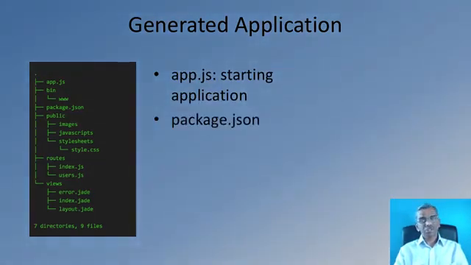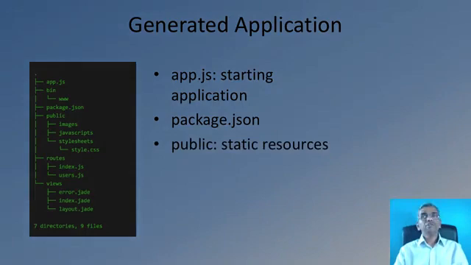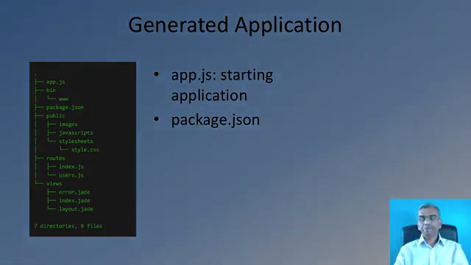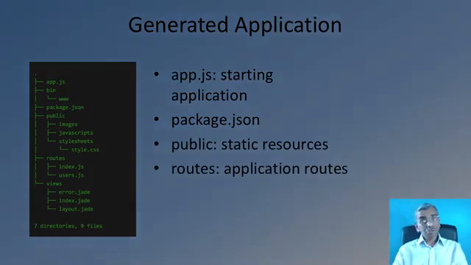Then you have package.json, which obviously contains the details because this is a Node application. So this contains all the details of the dependencies and so on that will be installed. Then you have public folder where you put your static resources. Then you have the routes folder where you have the various application routes, the REST API routes.